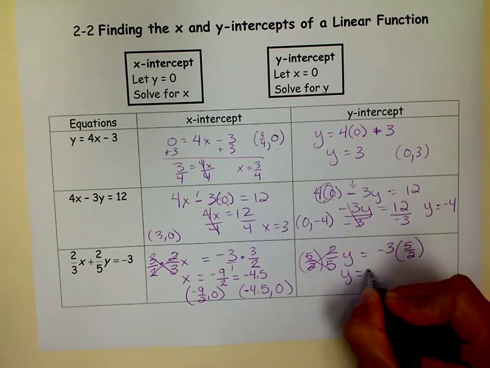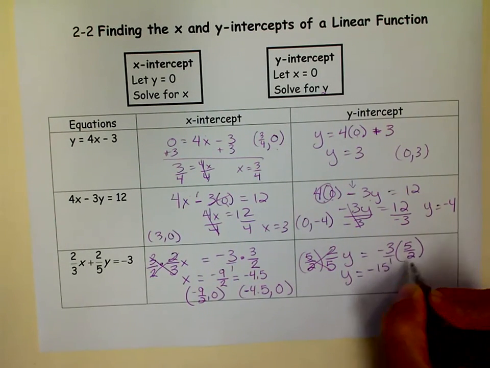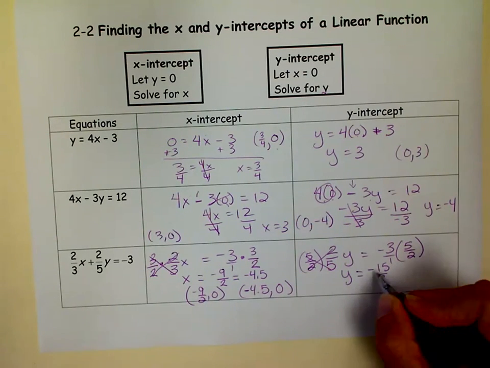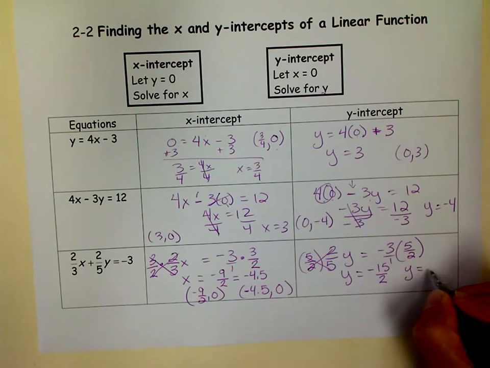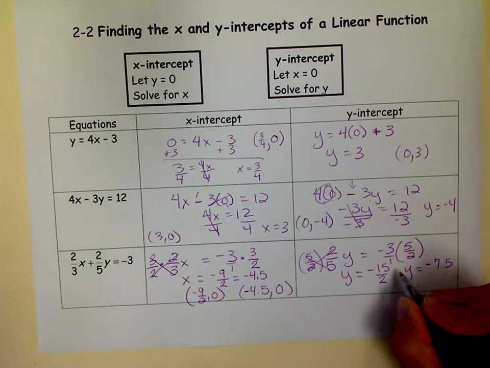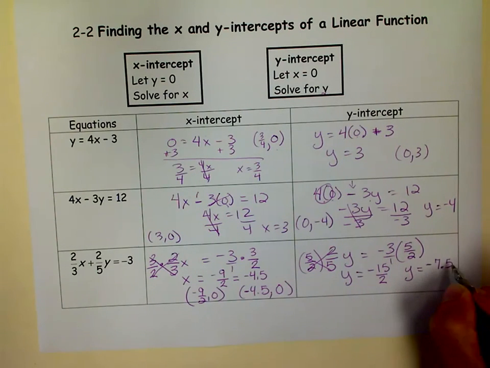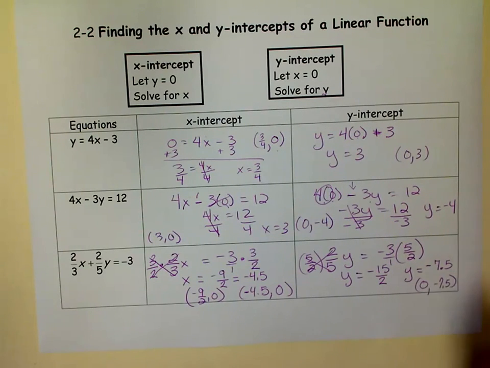Remember, numerator times numerator, denominator times denominator. We get negative 15/2. Y equals, so if you wanted to change that to a decimal, it would be negative 7.5, because 2 goes into 15 7 times with 1 left over, so that would be a half. And again, for the coordinates, it would look like that.